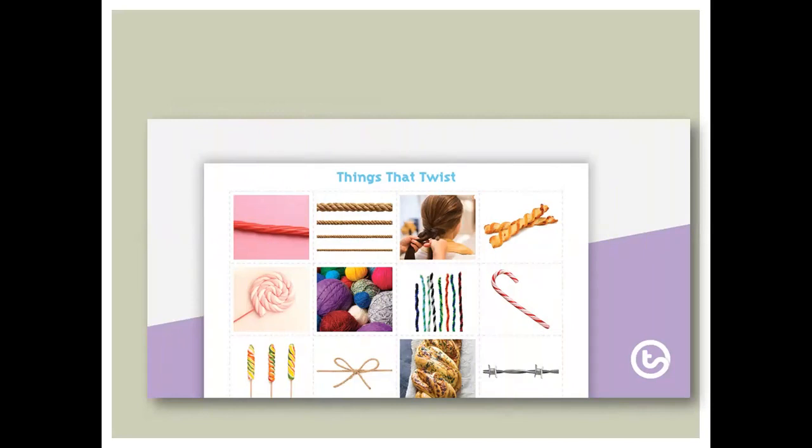We can twist ropes, we can twist hairs, we can twist some of the biscuits with chocolates, we can twist candies, we can twist threads, we can twist different types of wires and different types of bread also. So we can squash and twist things in our daily life.